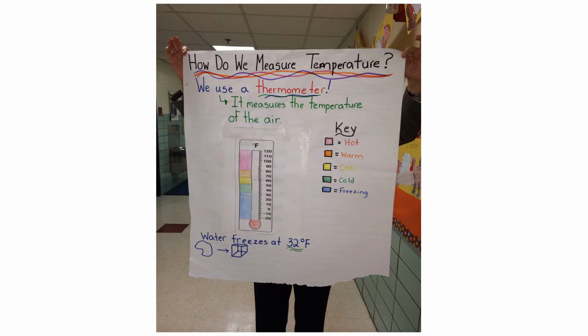Where the polar bears live, those beautiful animals, those are the places where it's really freezing, congelando. Now it says water freezes at 32 degrees Fahrenheit. That's when we have an ice cube.